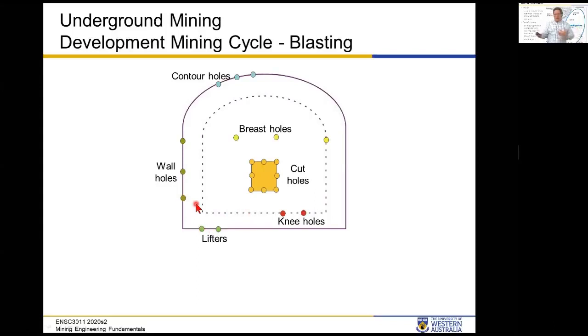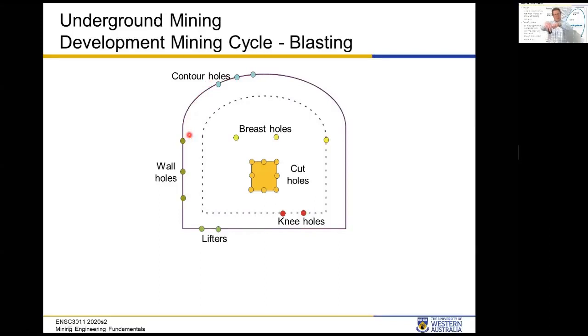Again, with surface mining, you don't really worry too much about what the end result looks like. So we need a specific smooth wall, contour holes, lifters to make sure the floor's adequate, and so on. And you sometimes drill holes on the edge, again, to create a perforation, like a piece of paper.